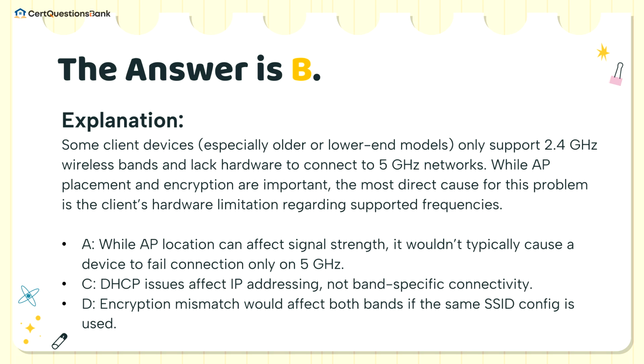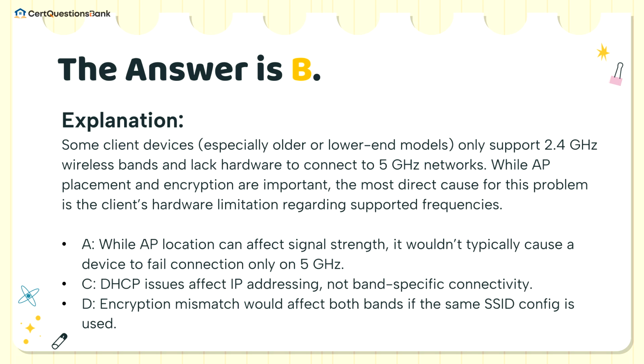Some client devices, especially older or lower-end models, only support 2.4 GHz wireless bands and lack hardware to connect to 5 GHz networks. While AP placement and encryption are important, the most direct cause for this problem is the client's hardware limitation regarding supported frequencies.